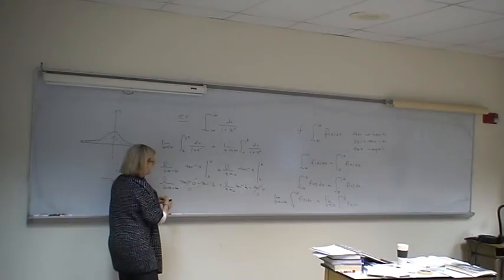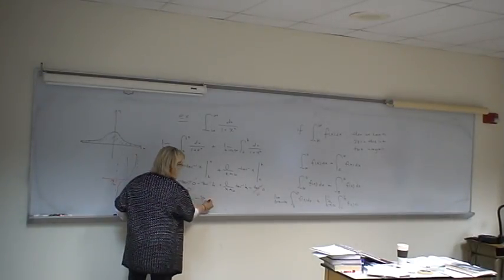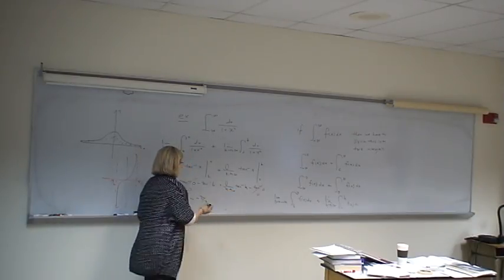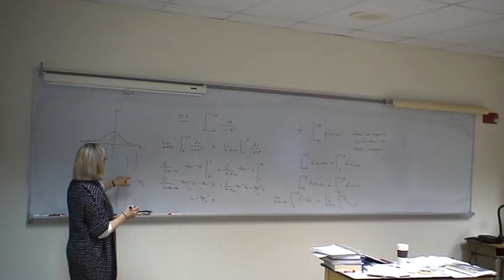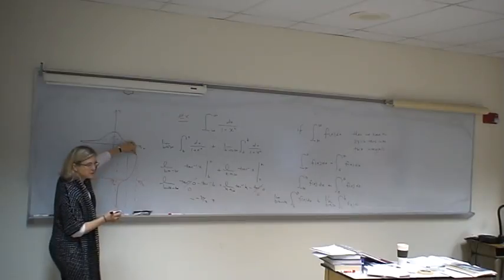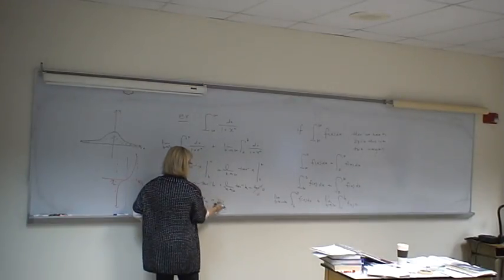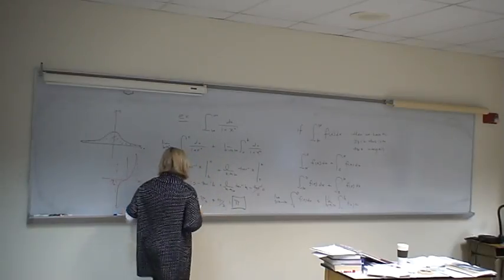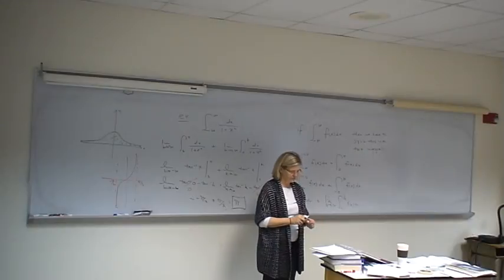I said positive. Well, it becomes positive because it's minus a minus pi over 2. Oh, yeah. And then over here we have tan inverse of also infinity. So what is it here? Pi over 2. So we have pi over 2 plus pi over 2, so that gives me pi as an answer. Right?